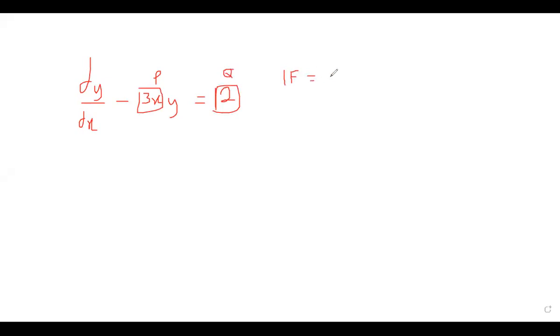The integrating factor is e raised to the power integral of p dx. So that will be equal to e raised to the power the integral of the p, which is minus 3x, dx. Now when we integrate 3x, we'll get 3x squared over 2.